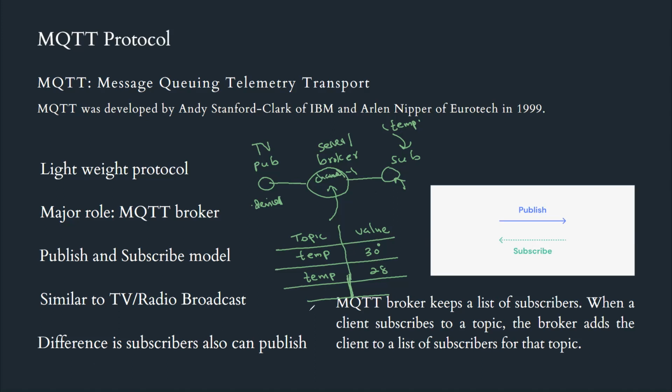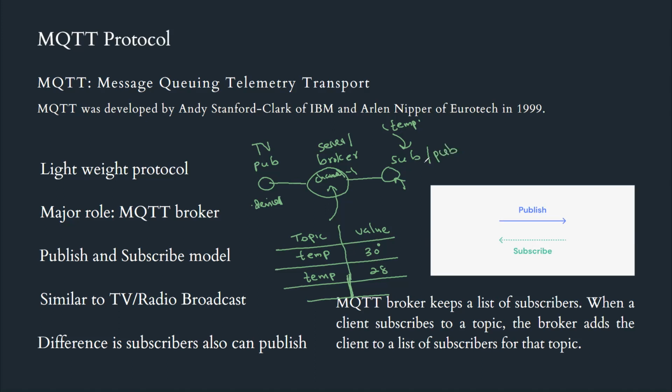The difference between TV and radio broadcast communication and this MQTT protocol is that in MQTT, the subscriber who is listening to some kind of data can also act as a publisher. That means there's no specific person dedicated to the publisher or subscriber roles, which means that the person who subscribed can also act as a publisher, right?